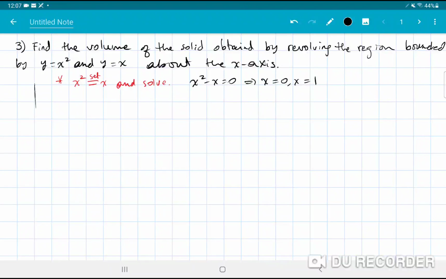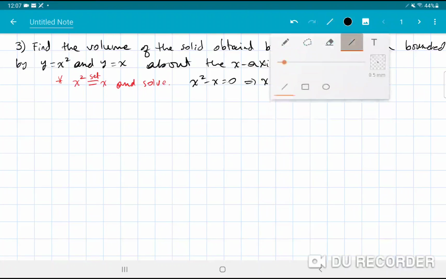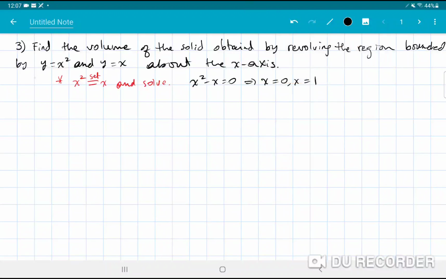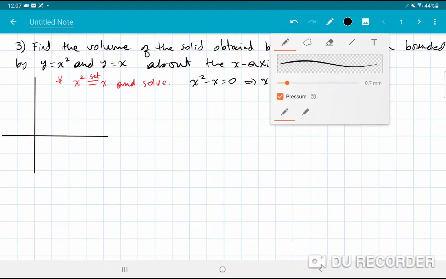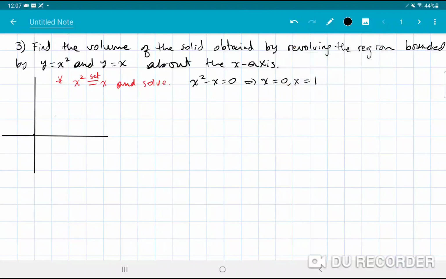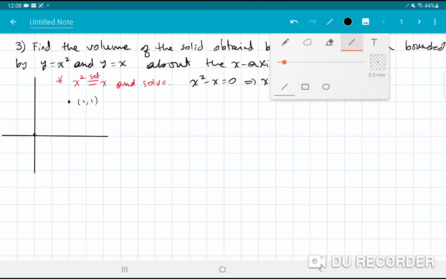Now the graph of y equals x and y equals x squared. Let me see if I can use my line maker. So they intersect at 0 and at 1. y equals x squared and y equals x.